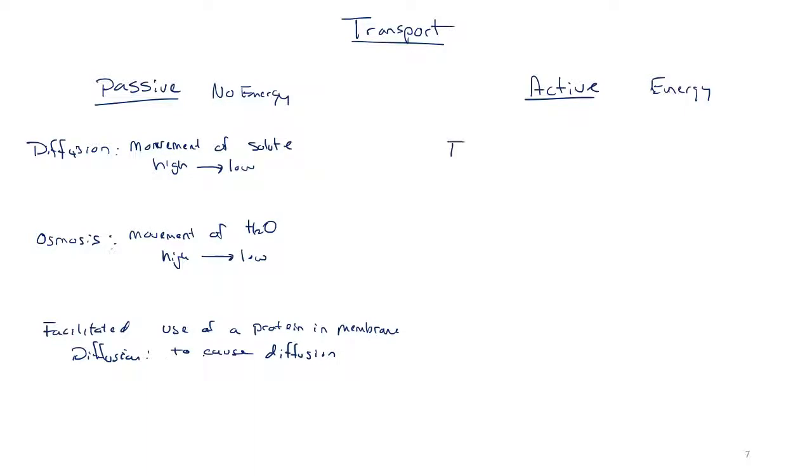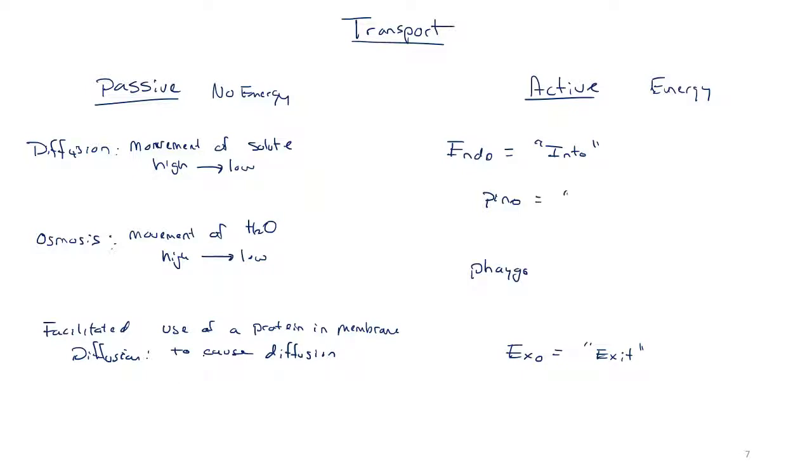It comes in two varieties, endocytosis and exocytosis. Endo means into, so things are moving into the cell. Exo means things are exiting the cell. Now endocytosis has pinocytosis and phagocytosis.